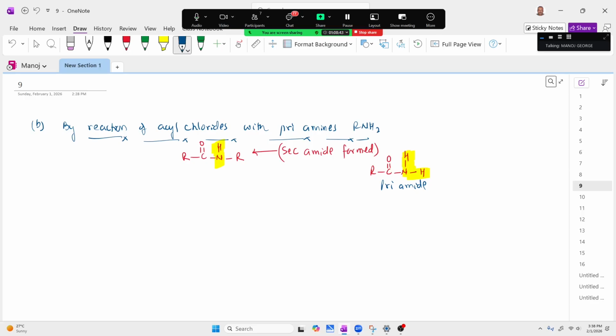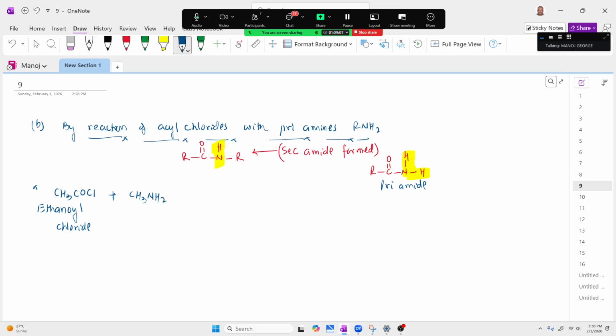Okay, so let's have a look. So I have here CH3COCl. So I have my ethanoyl chloride. And I'm reacting this with a primary amine. Okay, so let's say I want CH3NH2.